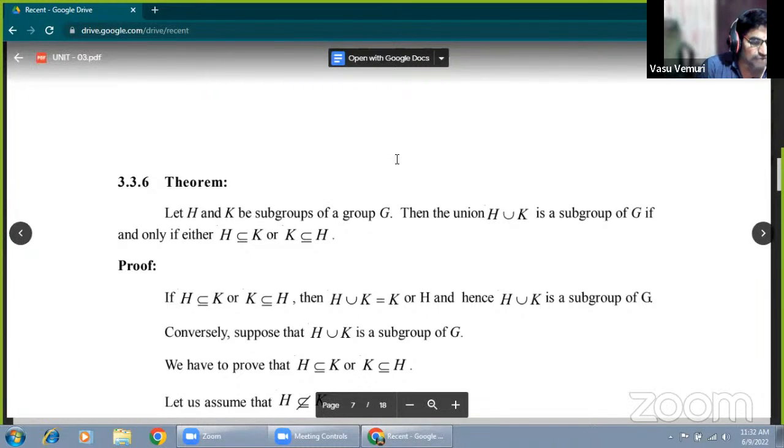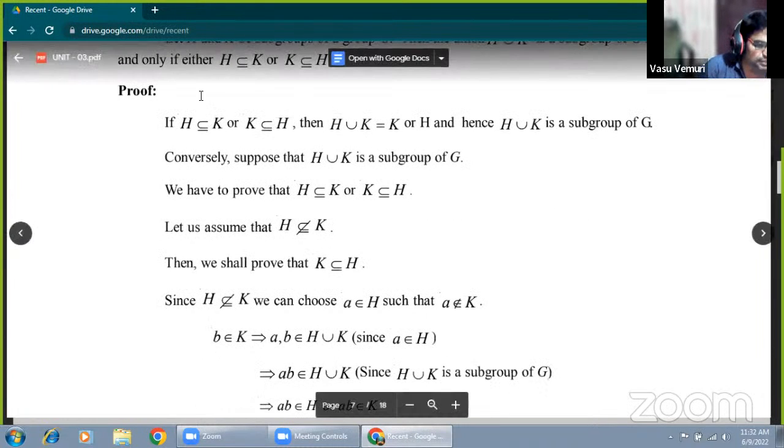Now see this here. In this theorem, the union of any two subgroups: H is a subset of or equal to K, or K is a subset of or equal to H. Therefore, H union K is represented as either K or H, so both are equal here.